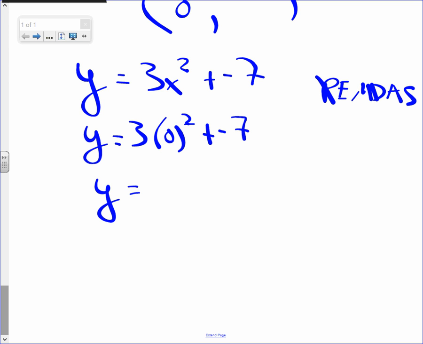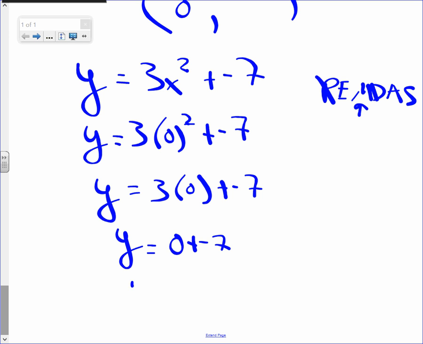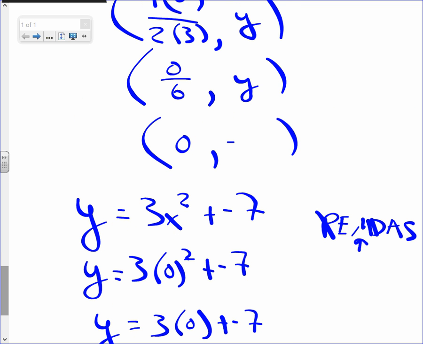E comes first, exponents. So 0 to the second power is 0 times 0, so it's 3 times 0. I did the exponent first. Now I'm going to multiply. y is 0 plus negative 7. We're balling. 0, negative 7.